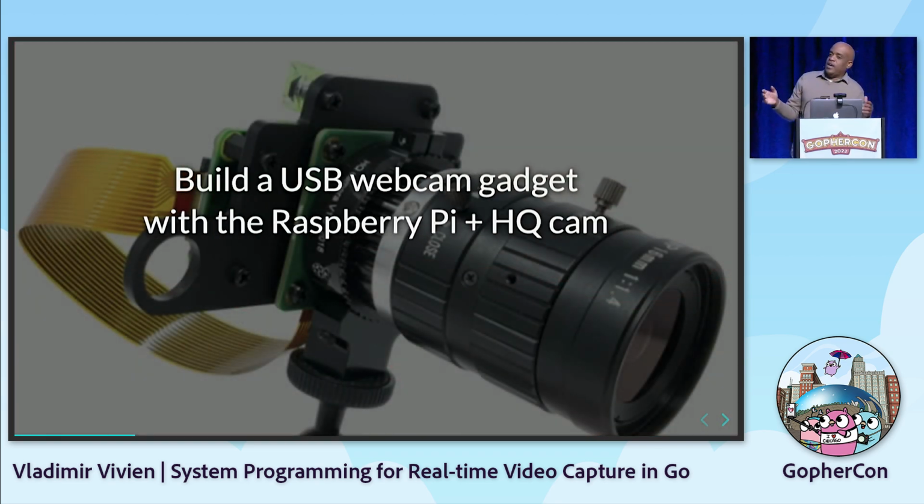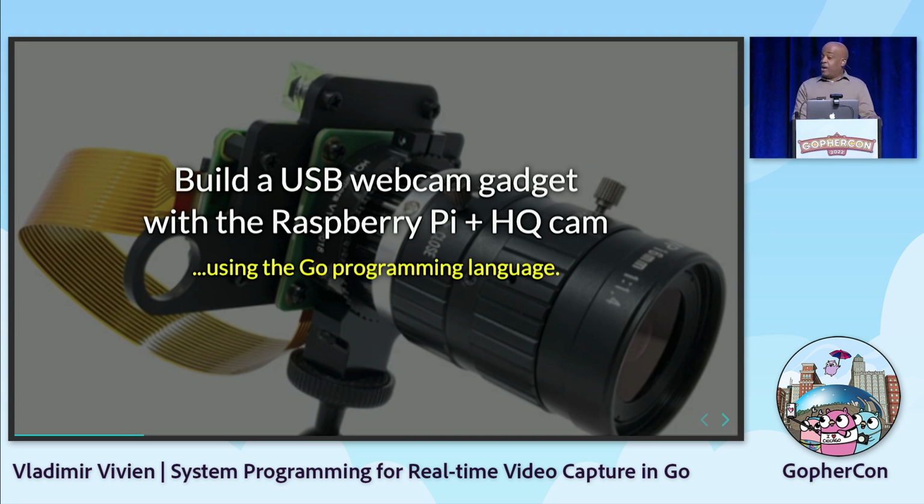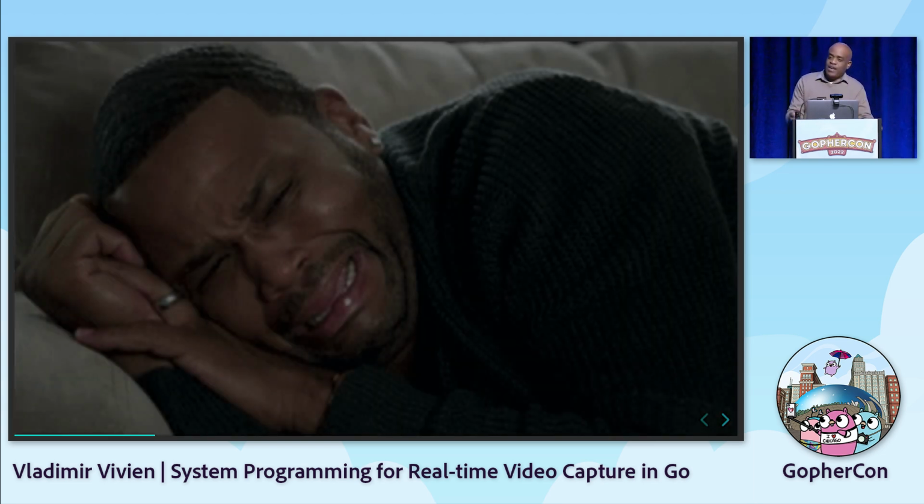And of course, as any bored engineer going through a world pandemic would do, you convince yourself that you can build a USB webcam gadget using the Raspberry Pi and the HQ Cam, which is basically this thing right here. And I want to do it in Go, why not? And how hard can it be? You know, naively, that's what I asked myself. Well, that was the next reaction.